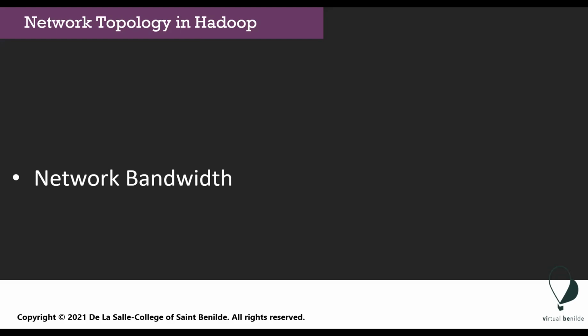Okay, so in addition to the performance, one also needs to care about the high availability and handling of failures. So in order to achieve this, Hadoop cluster formation makes use of the network topology. Typically, network bandwidth is an important factor to consider while forming any network.